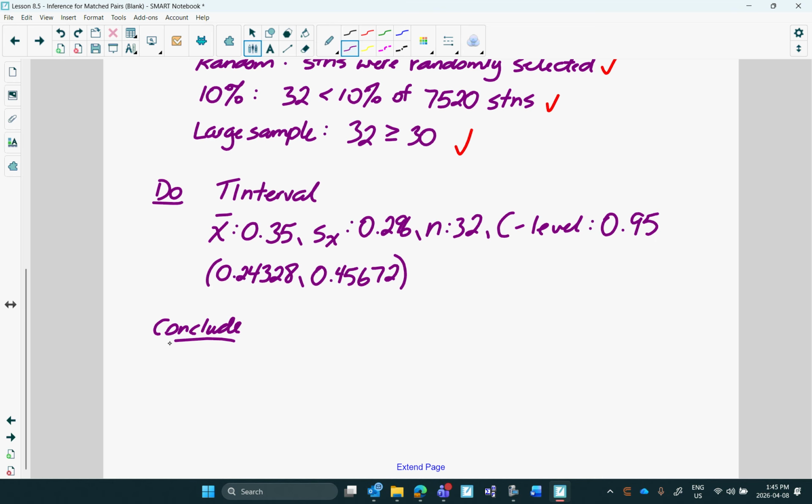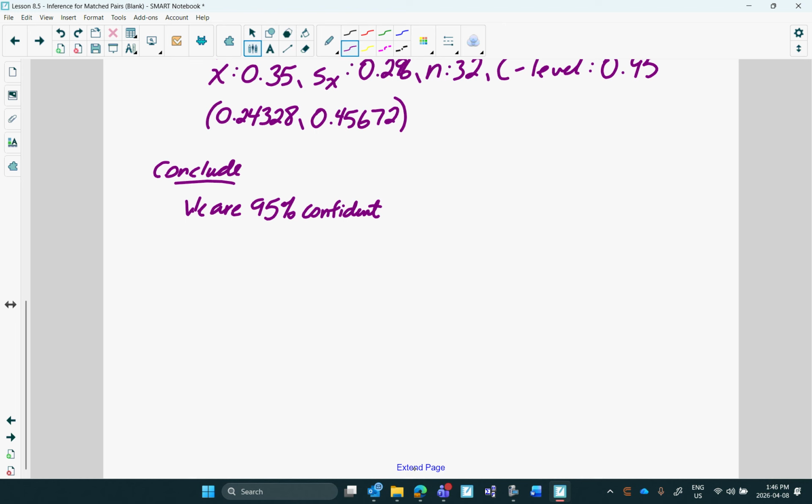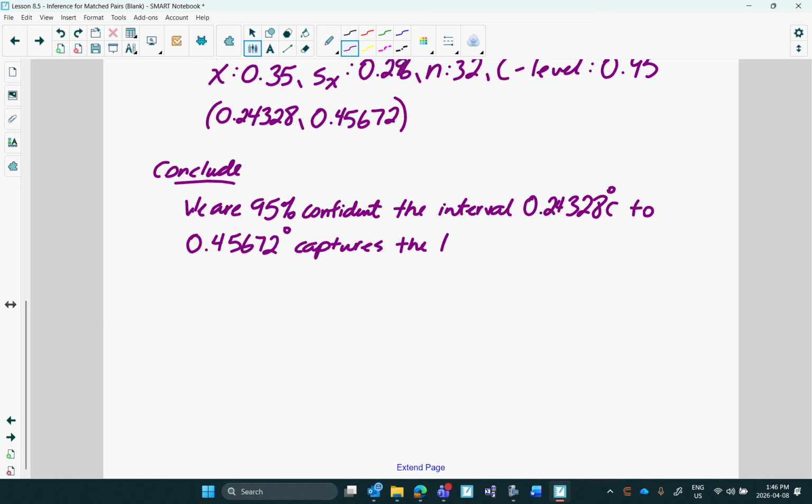So we conclude we are 95% confident the interval 0.24328 degrees to 0.45672 degrees captures the true average difference in temperatures.